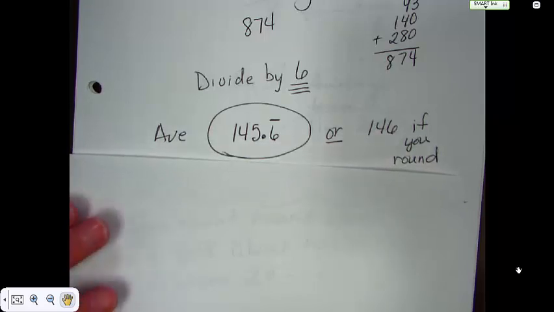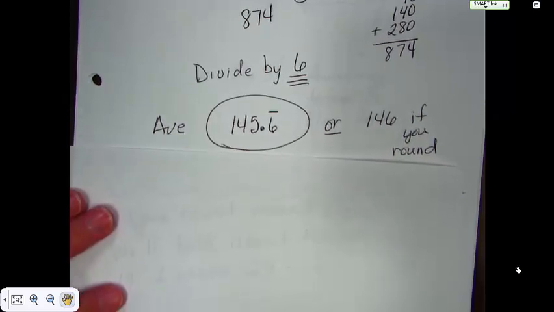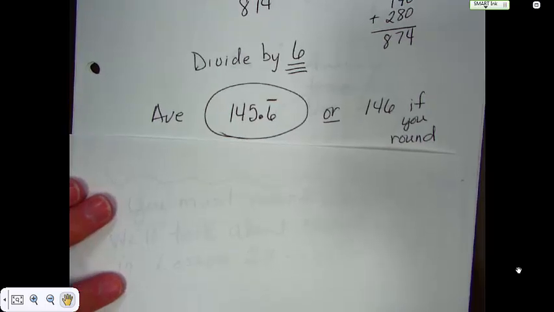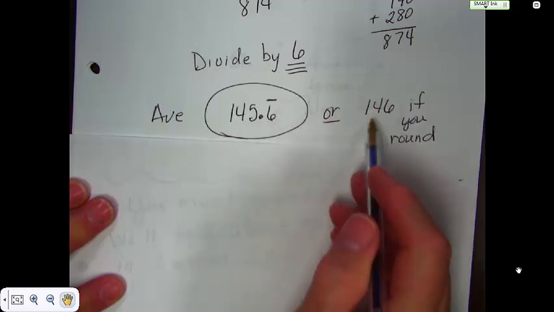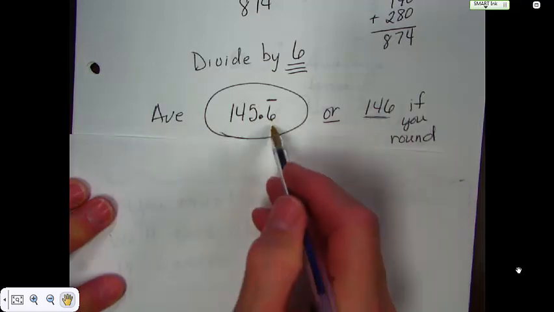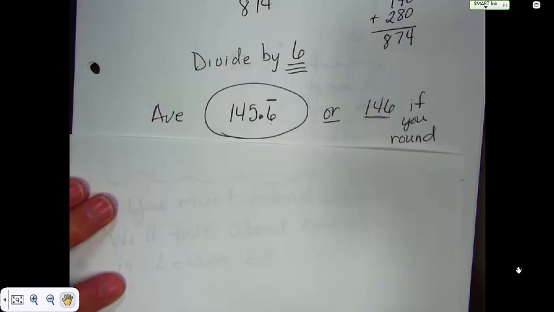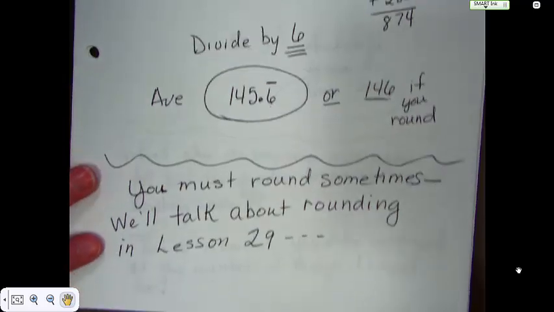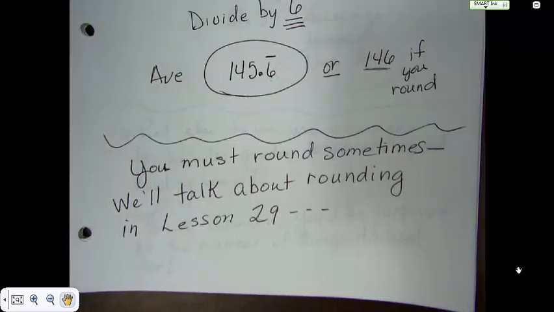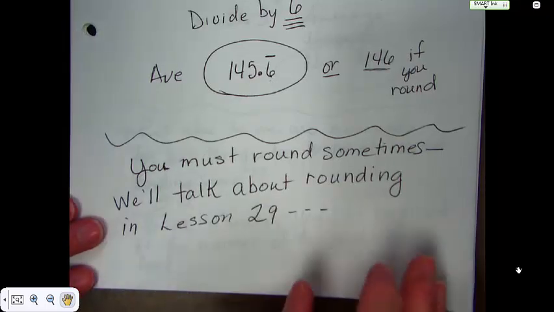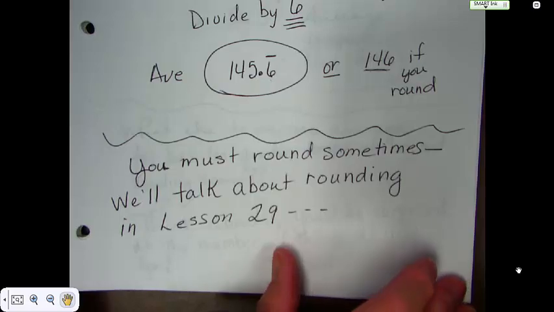Your average score, if you were bowling those games, would be 145.6, but you would round that to 146 because of the repeating 6. Sometimes we round things. In fact, quite often we round things when we're working on statistics, or if we're working on scores, or working on percentages, and we're going to talk a lot more about rounding in Lesson 29.